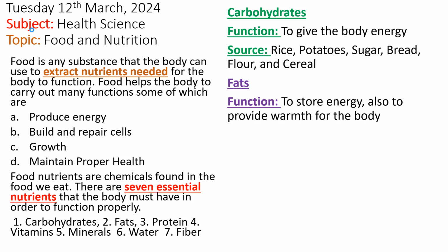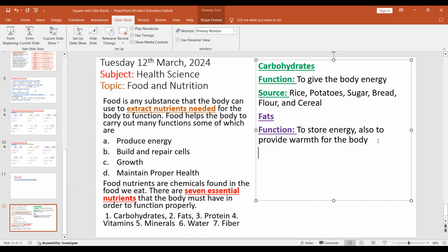It also helps to store energy, and we also could find it in our oils. So the source of fat is going to be your oils. We can find it in butter.